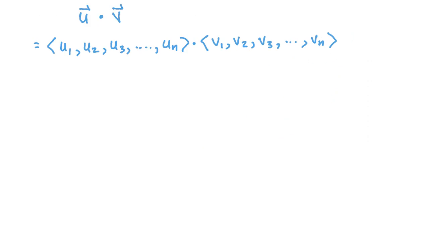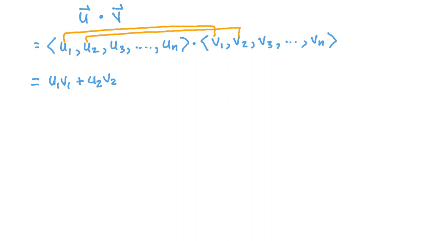Now obviously vectors u and v have to have the same number of dimensions as each other, but we can have 1, 2, 3, 4, as many as we like here, up to n dimensions in each. And all we're going to do is multiply together the corresponding components. So that's u1 times v1, and that's just a scalar, a real number result. Then u2 times v2.